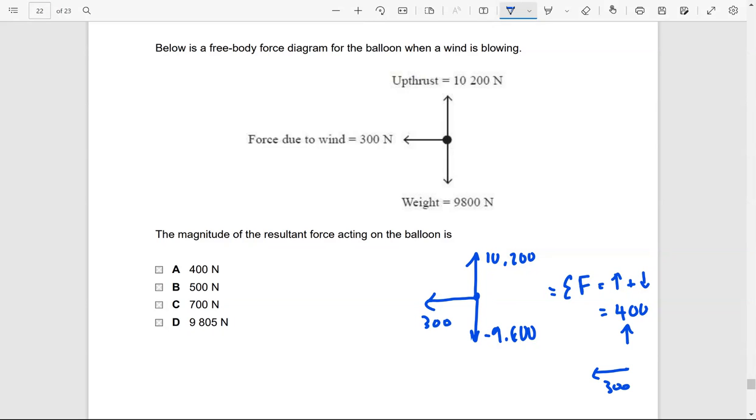So we have 300 across, 400 up, and we need to find the hypotenuse. It's one of the Pythagoras triangles where it goes 3, 4, 5. Hopefully you know it. So we're just adding on 2 zeros. So 500.